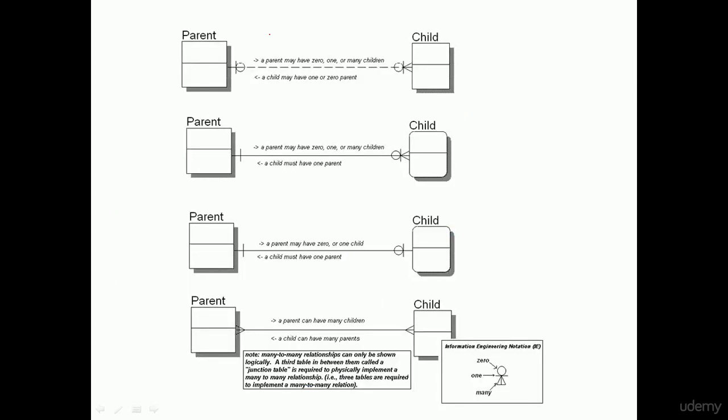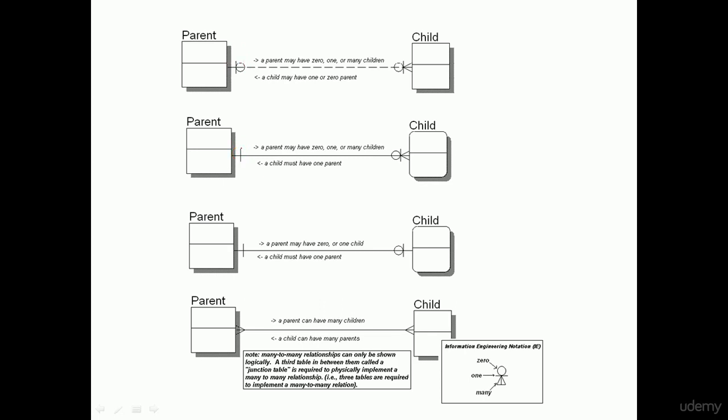So in summary, if we have this 0 and 1 symbol on one side, it means that this is the minimum cardinality and this is the maximum cardinality. When we draw only 1, it means that minimum cardinality and maximum cardinality are both 1.